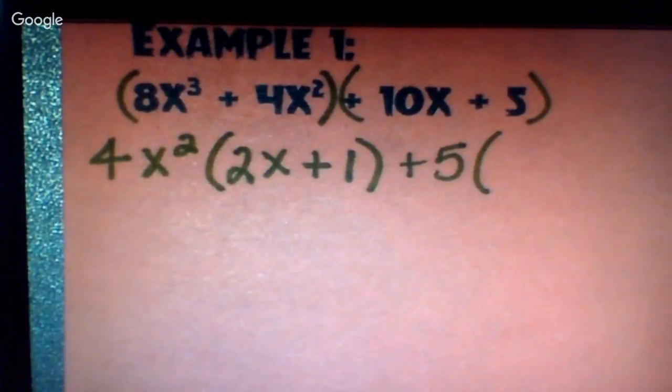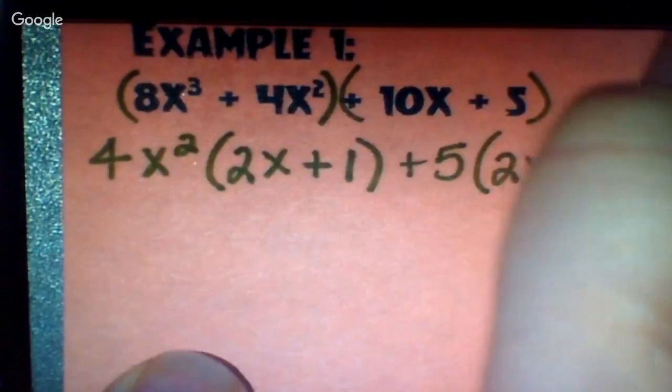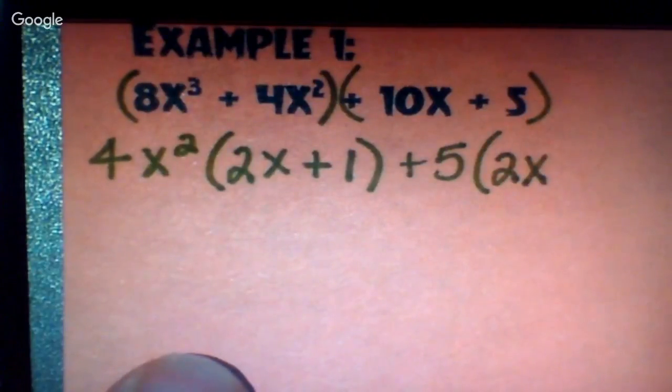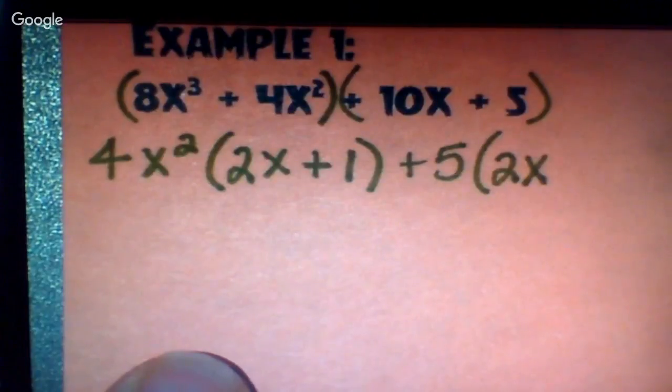What's 10 divided by 5, Stefan? 2. Just the 2. We're not dealing with negatives. You won't see any minus signs right now. So 10x divided by 5 is 2x. And then 5 divided by 5 is a 1.